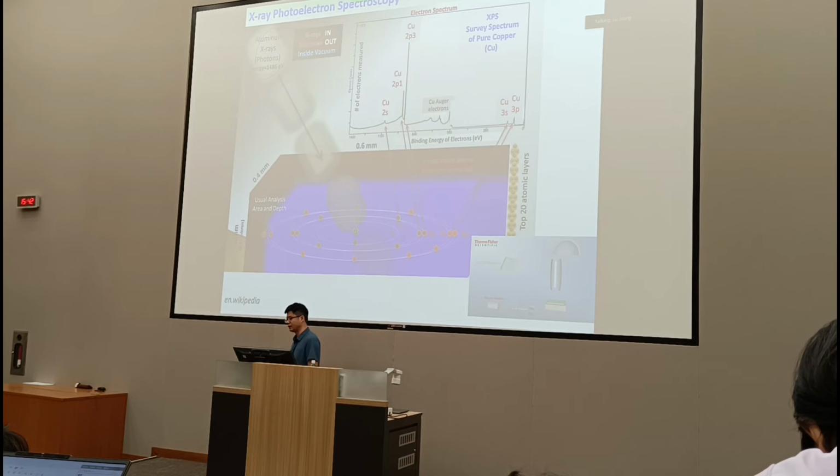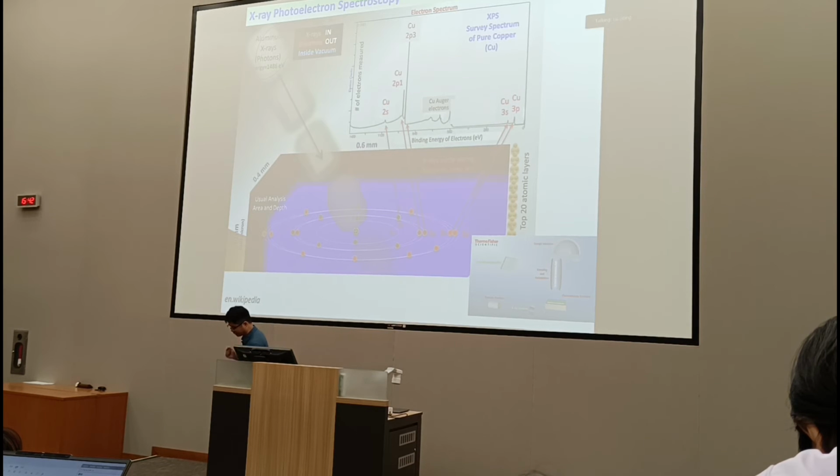When you use electron microscopy or electron spectroscopy, you use electrons as the particle source to probe the materials. Then you can generate electrons or photons, depending on the type of characterization. So XPS is photons in, electrons out. The photons generate electrons through the photon-electron excitation, called the photoelectric effect.